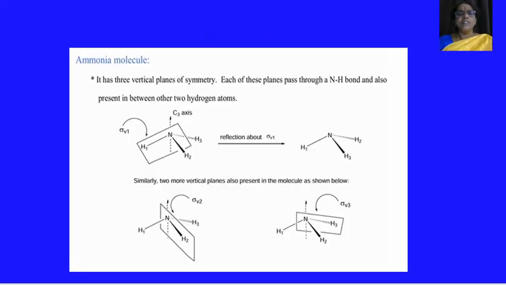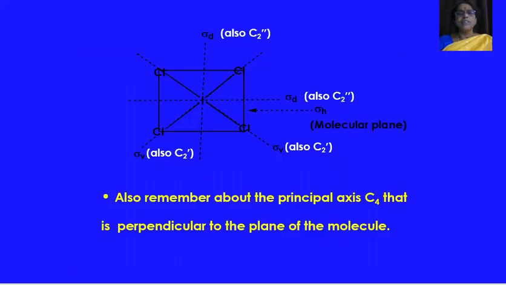Next, we consider a square planar molecule, ICl4. Here, one of the vertical planes is the plane passing through iodine and these two chlorine atoms. This is one sigma v plane, and this one is another vertical plane. The plane which bisects the two sigma v planes is said to be a sigma d plane.